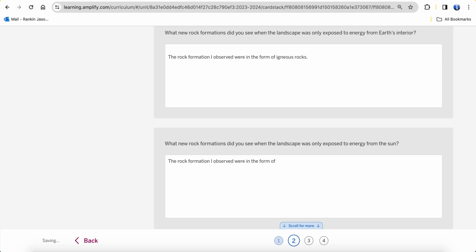Now we saw sediments being made and flowing downhill, and it went into a basin called the ocean, right? Or it could be a lake. We're not too sure, right? All right, and then this type of rock is called sedimentary, right? And it formed in the ocean.